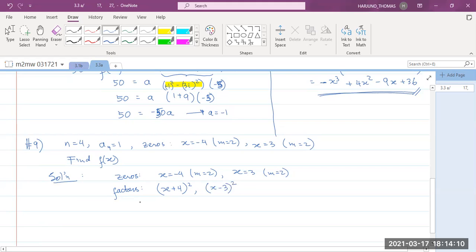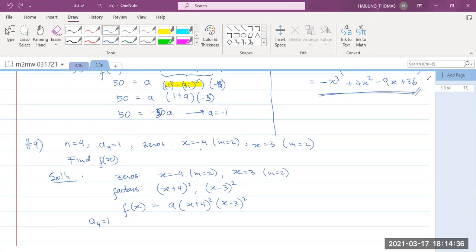So the function f(x) is a times (x plus 4) squared (x minus 3) squared. But the leading coefficient is 1. A sub 4 equals 1. I use a sub 4 because this is degree 4, the coefficient of degree 4. Now my f(x) is equal to (x plus 4) squared (x minus 3) squared.